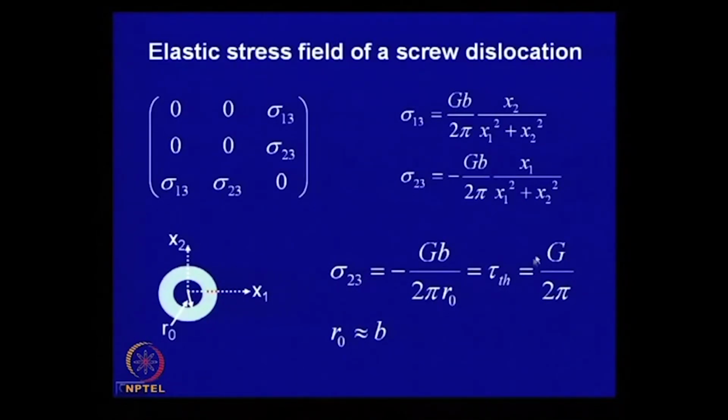For an ideal crystal we have determined this is G over 2 pi. If you substitute here, then B over r naught is nearly equal to 1. That means the dimension of the core is of the same order as the slip vector or the Burgers vector.